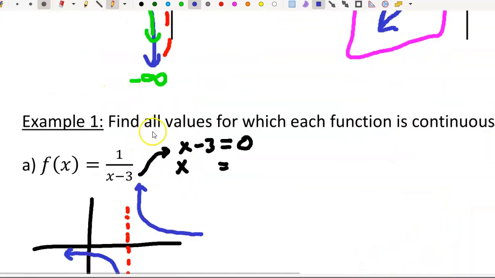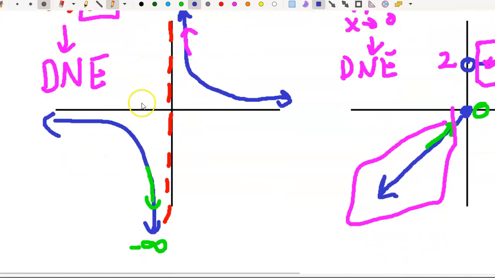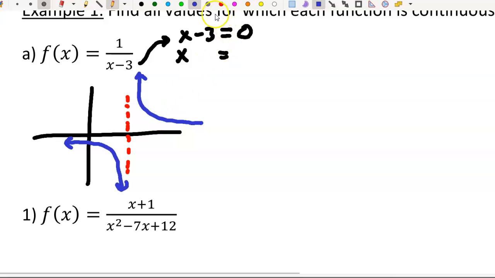And if I know the answer here is that the limit doesn't exist, it's probably going to be the same for here. You can always look at it and say, oh yeah, the left side's still going to negative infinity, the right side's still going to positive infinity. So this single function is going in 2 different places at once, so there will not be a limit at 0 at all. Okay?